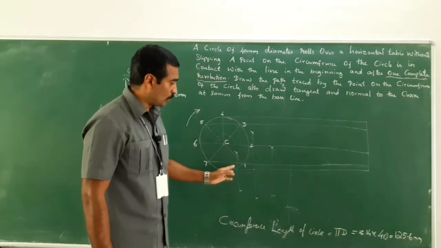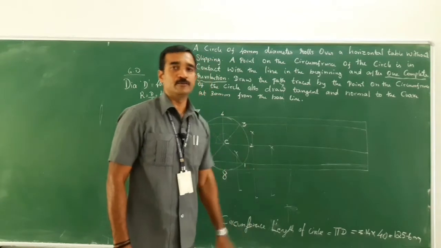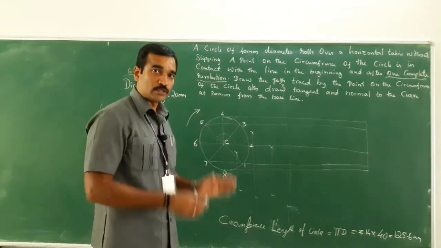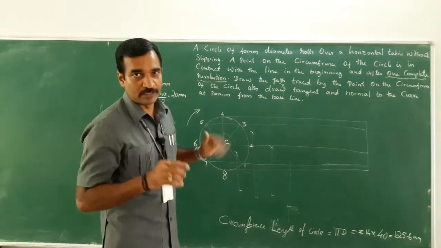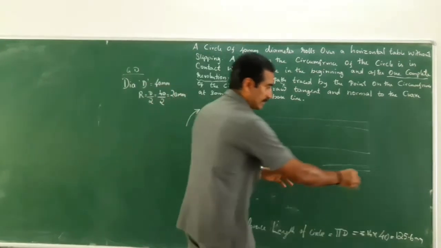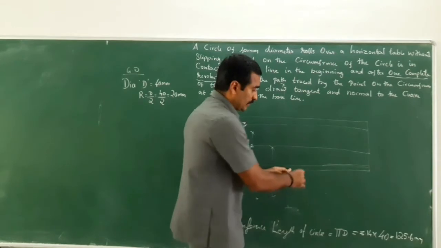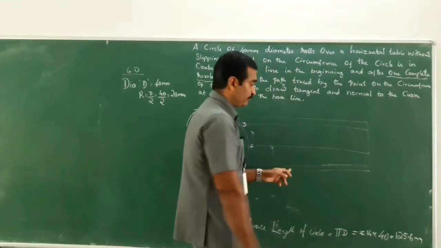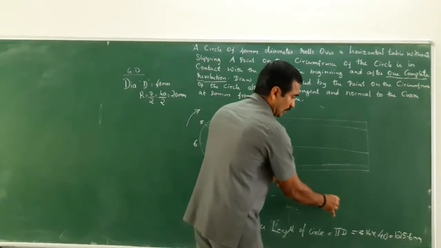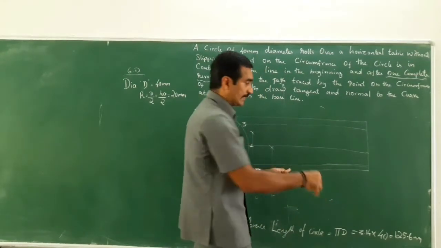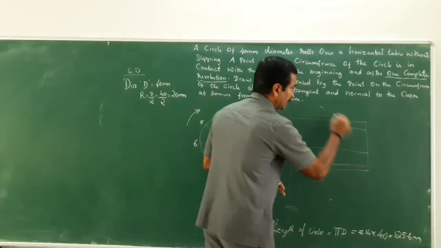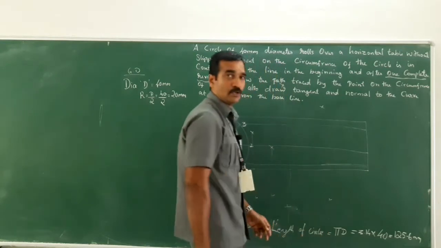Now I have divided into 1, 2, 3, 4 and 5. 3 more, right? Totally I have to get 8 equal divisions, right? Now this is the limit, that means starting point and end point. Stretch your compass for more than half, cut an arc above as well as below. Without changing the radius, change the center here and cut an arc above and below.